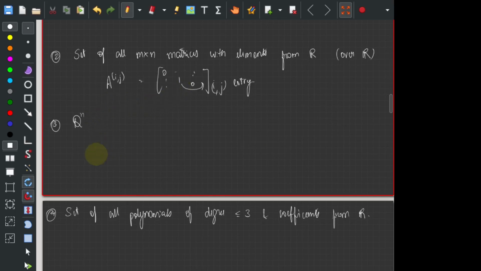Take root 2 from R. This is not a vector space because it is not closed under scalar multiplication. For example, root 2 times v is not in Qn for any non-zero v.